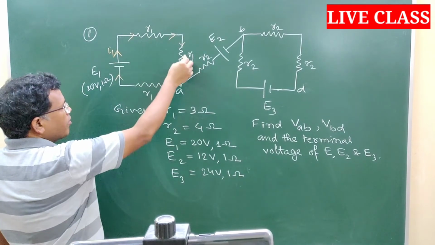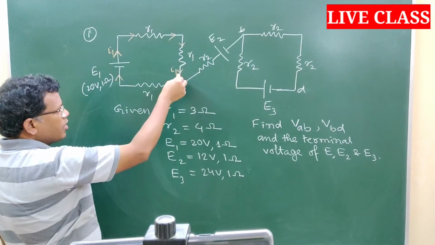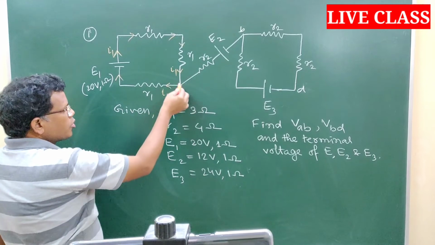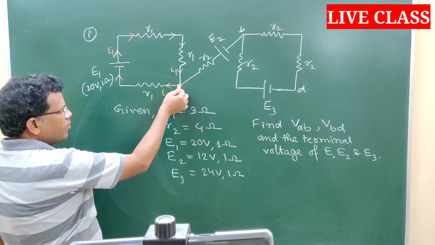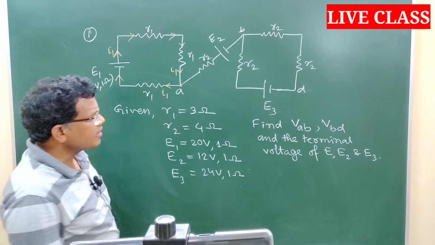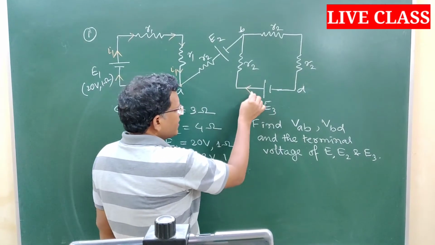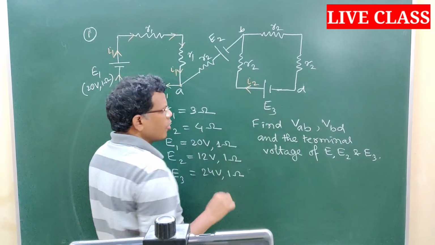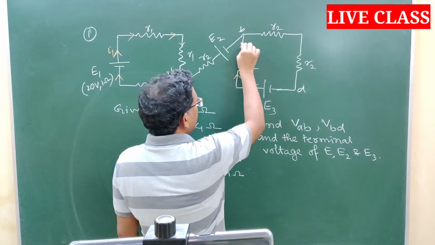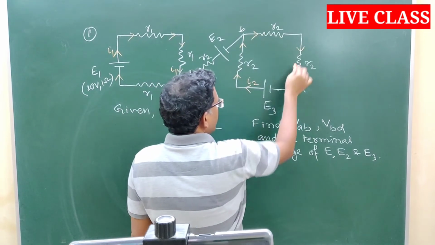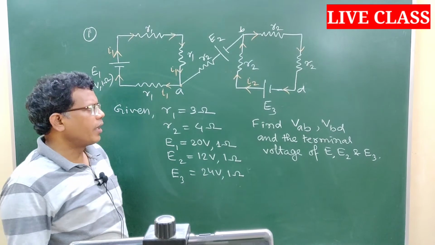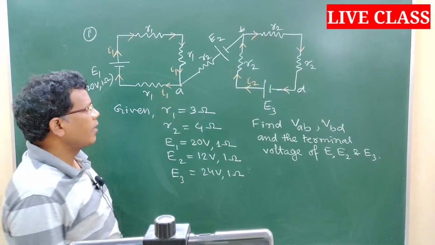So whatever current is drawn from the battery, the I1 flowing through these two resistors must pass through this. That means no splitting of current can be done in this part of the circuit at A. Similarly, if I consider I2 to be the current drawn from battery E3, the same current I2 should flow in the closed loop operated by E3.